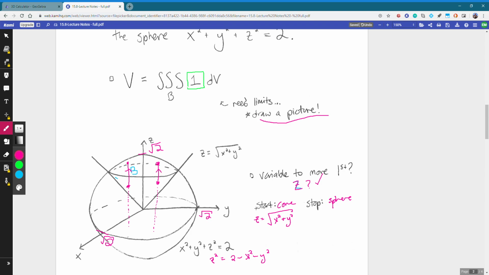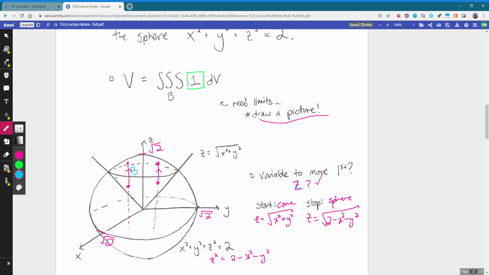Right, that's telling us that yes, our sphere has a top side and a bottom side. We want the top side, and so we'll take the positive square root of 2 minus x squared minus y squared. Cool. And so those are our starting and stopping instructions for z.